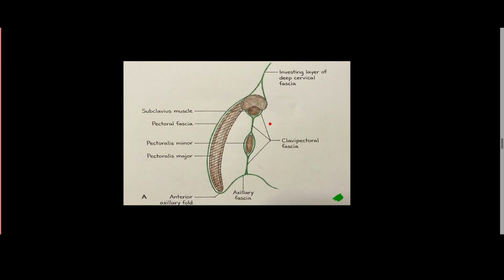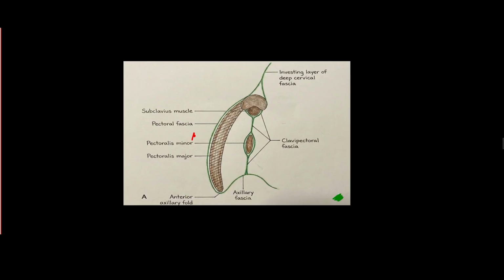Okay, now what you see here is a sagittal section, and here we have the anterior axillary wall, and here we can see the axillary fascia, which forms part of the base of the axilla.